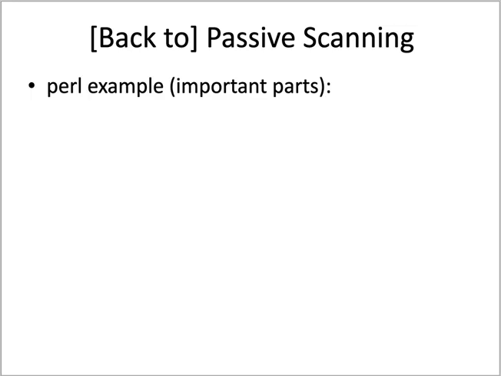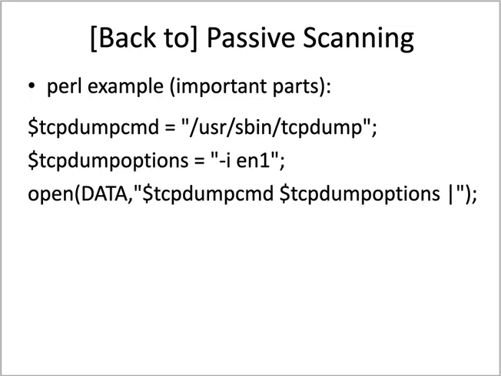And here is kind of the most important part of the Perl. And Perl is kind of the predecessor to Python. So syntax is a little different, but they're very similar. What I did is I gave the path /usr/sbin/tcpdump to the dump command. As far as options, I wanted to use interface en1.